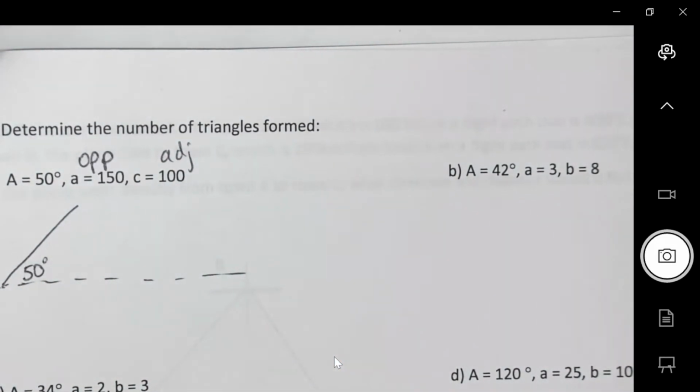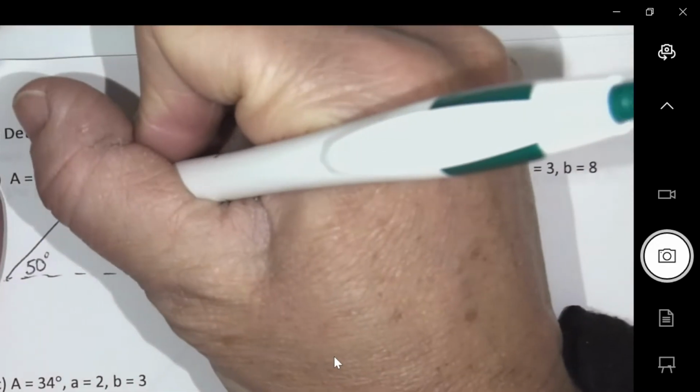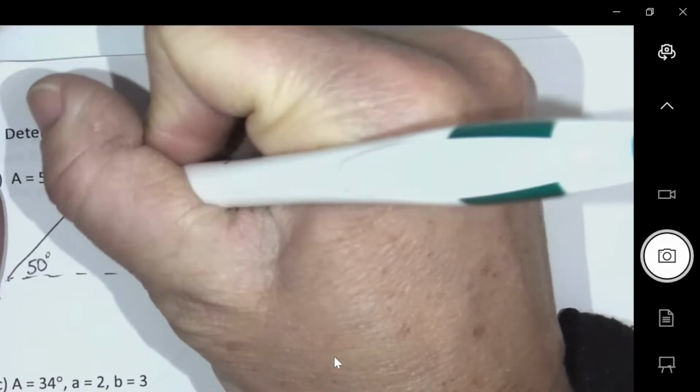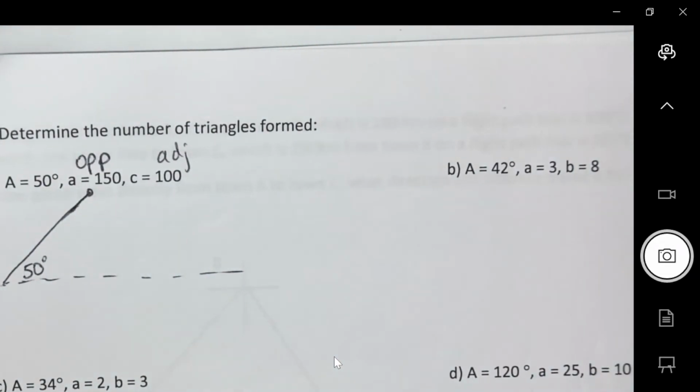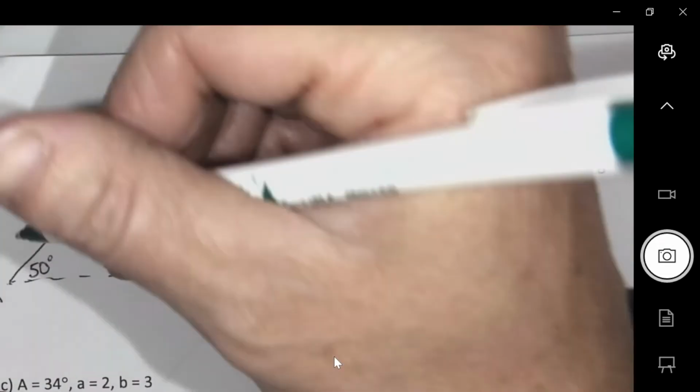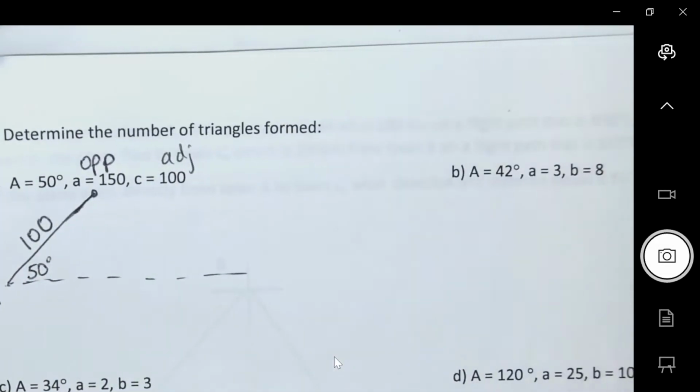Okay, so I always start like this. I draw a 50-degree angle. And adjacent, that's 100.